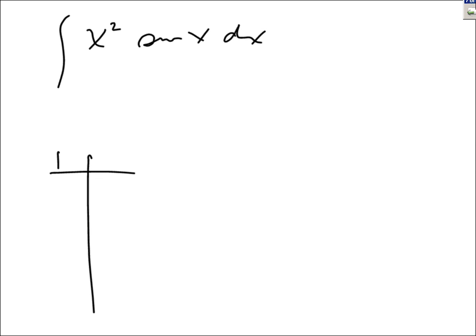But there's an easier way of doing it, called the tic-tac-toe method. You want to know what the integral of x squared times sine of x dx is. You want to make two columns: one where you take derivatives, and the other side where you integrate.